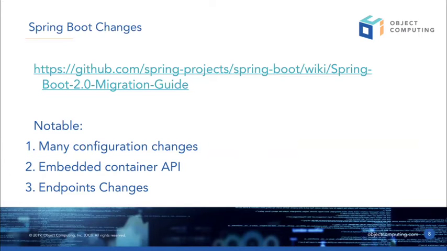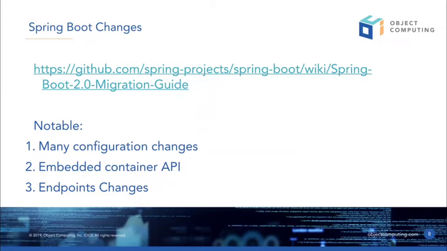There's been a bunch of changes in Spring Boot. One of them is configuration changes. A lot of configuration related to the embedded server has changed, including the configuration properties themselves, as well as the APIs for dealing with embedded containers.